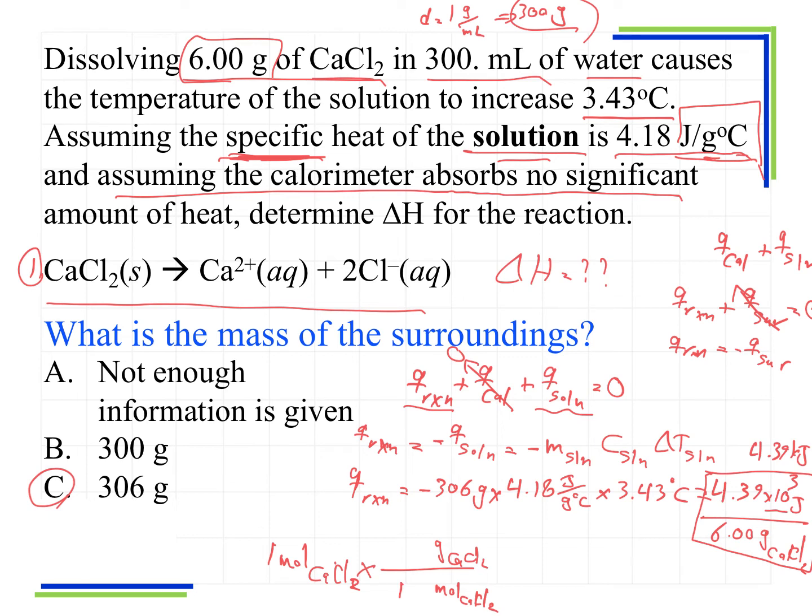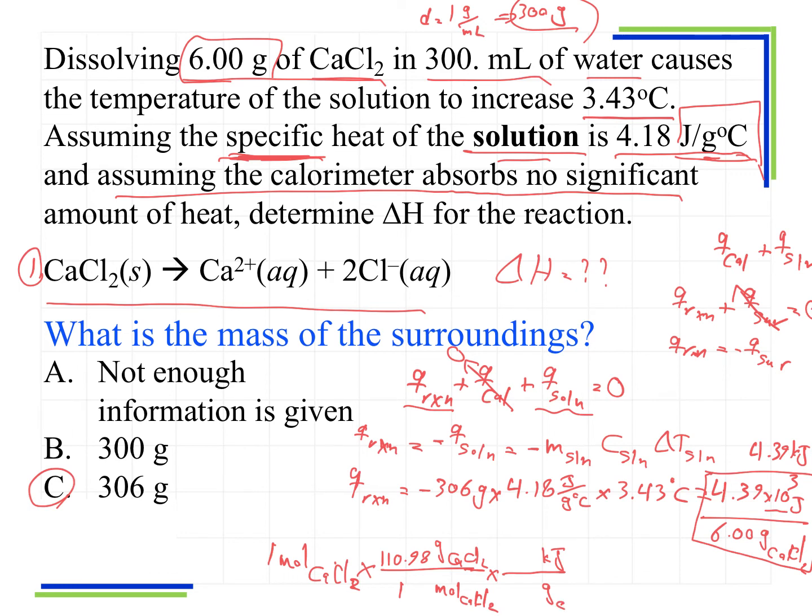So 1 mole of calcium chloride is 110.98. Let me write this again. So it's 110.98 gram of calcium chloride, and I don't want the gram of calcium chloride, I want the kilojoule of calcium chloride of the reaction.